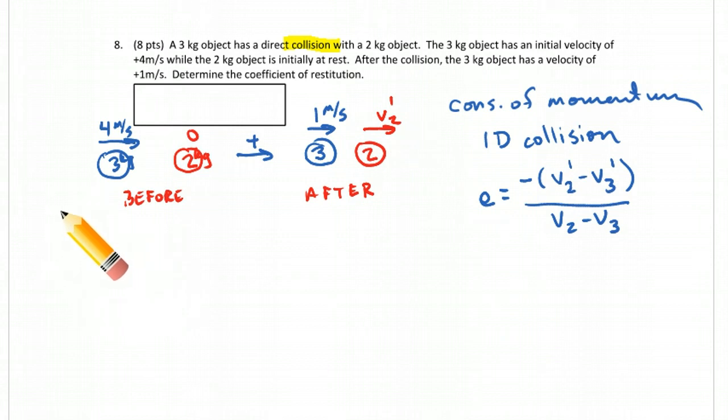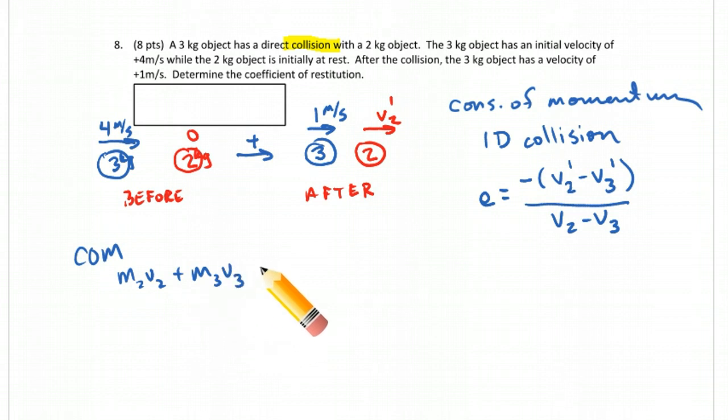So let's use conservation of momentum. It says the mass of 2, velocity of 2, plus the mass of 3, velocity of 3, the linear momentum before the collision, is equal to the momentum after the collision.